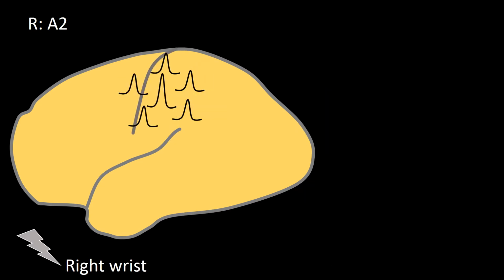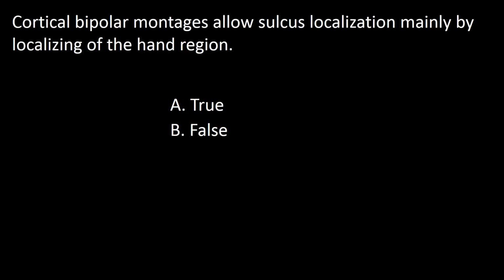So, as we previously mentioned, a clue to the location of the central sulcus is that the hand region has the highest potentials. The sulcus is usually in front of the electrode with the potential with the highest amplitude. So the answer to this question is A.